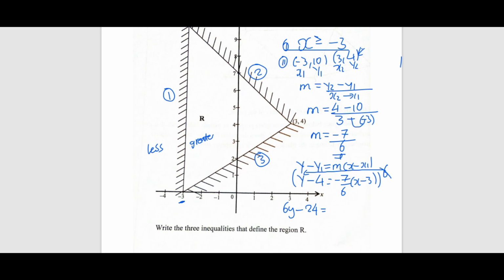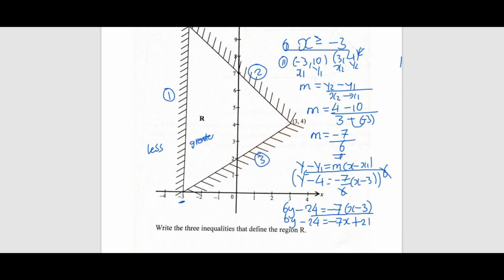Then 6 and this will cancel. We have negative 7, x minus 3. So 6y minus 24 is equal to negative 7 times x is negative 7x. Negative 7 times negative 3 is positive 21.